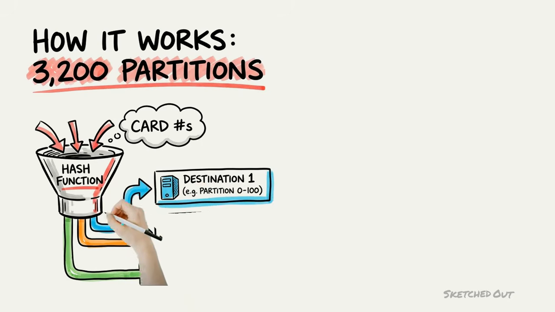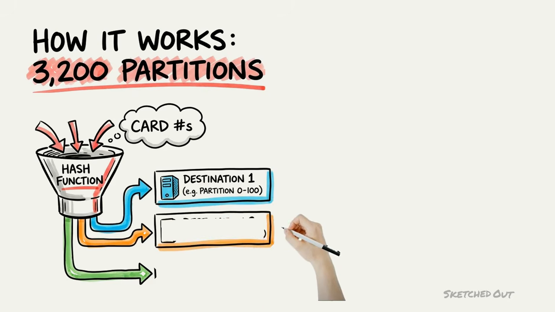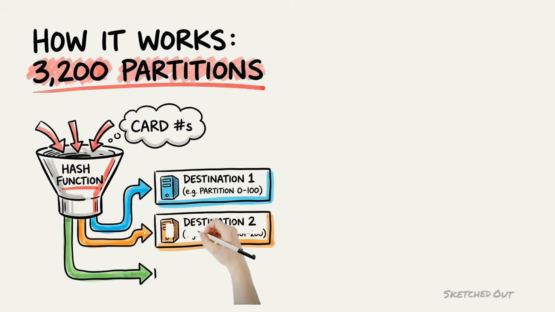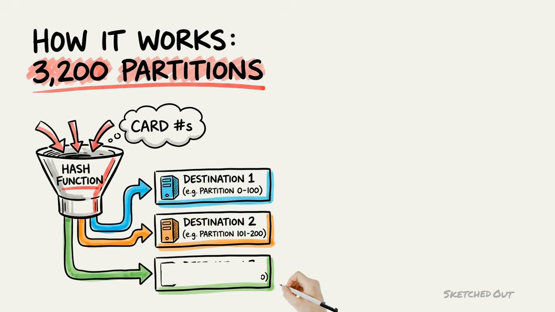That gives a number from 0 to 199, and that is the destination partition for that row. The crucial property is that this calculation is identical everywhere. Every machine, working alone, sends card 4532 to exactly the same destination, because the same card number always hashes to the same number. Nobody has to coordinate.